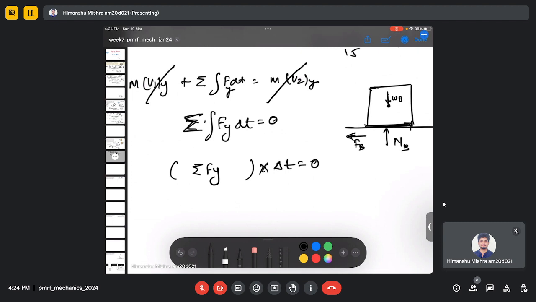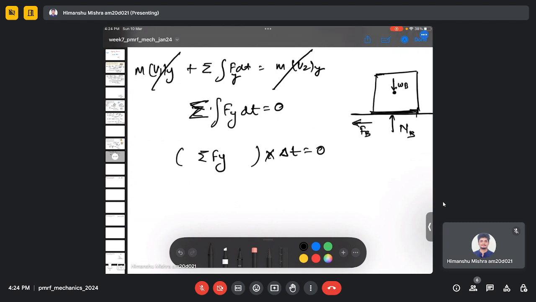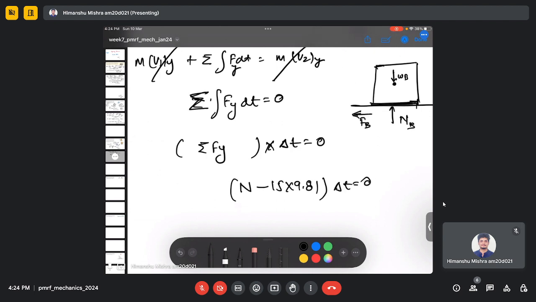So the forces are the weight and the normal reaction, and my normal reaction is 147.15 Newton.